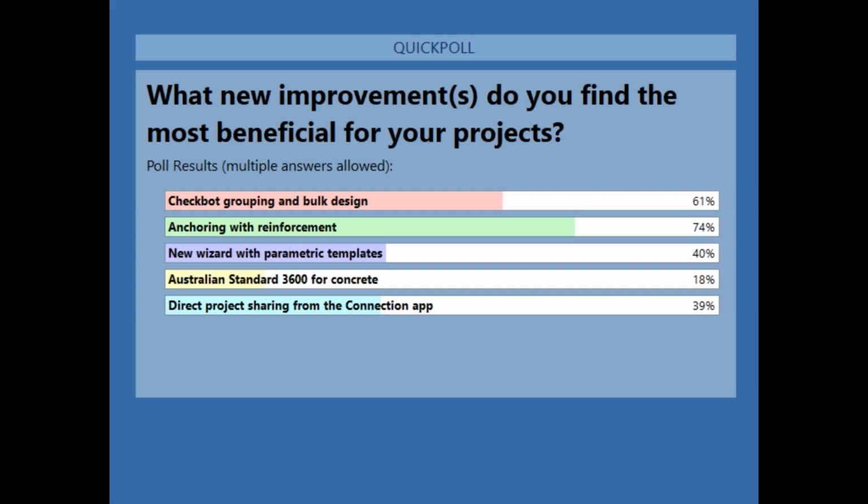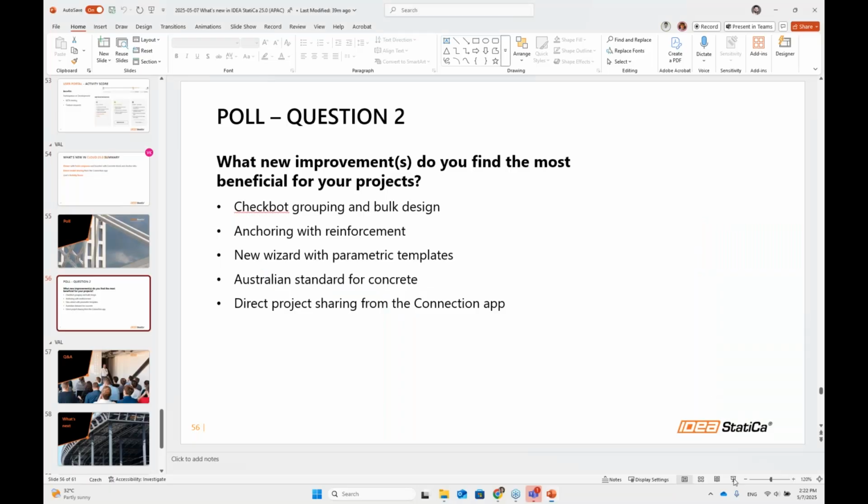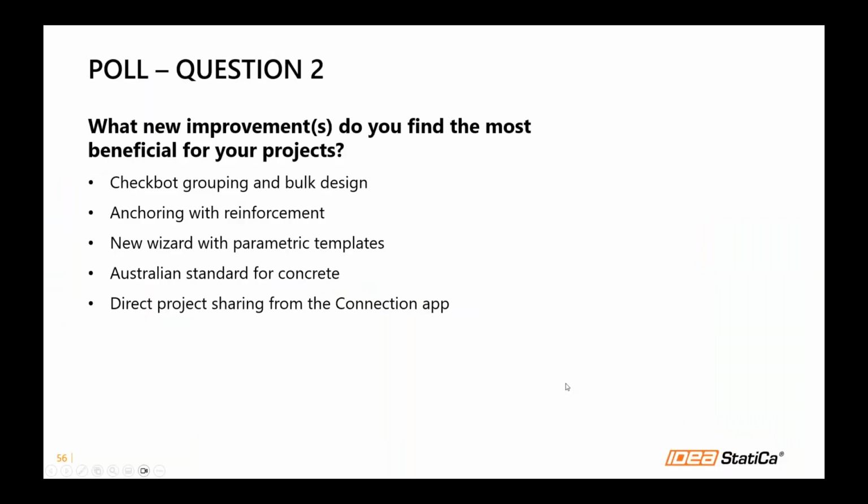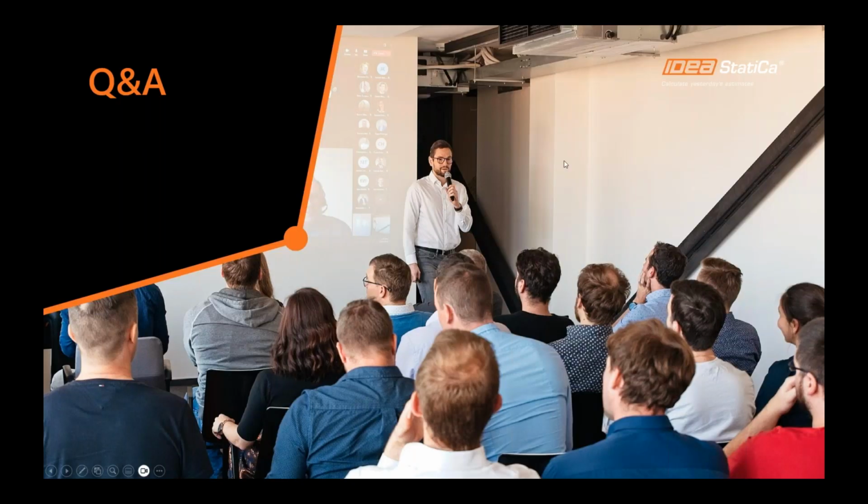I understand it's mainly for Austrian engineers, so not all of you here are from Austria, but it makes sense. So thank you very much for your voting, and let me jump back to the presentation, because we also have some questions. We have some time, so I will just pick a few of them, and the rest we will answer after the webinar.